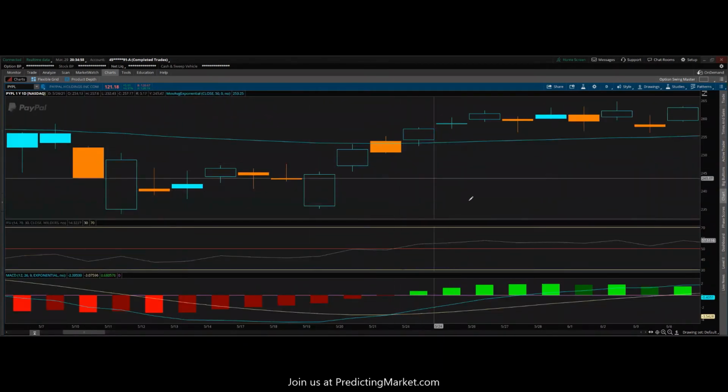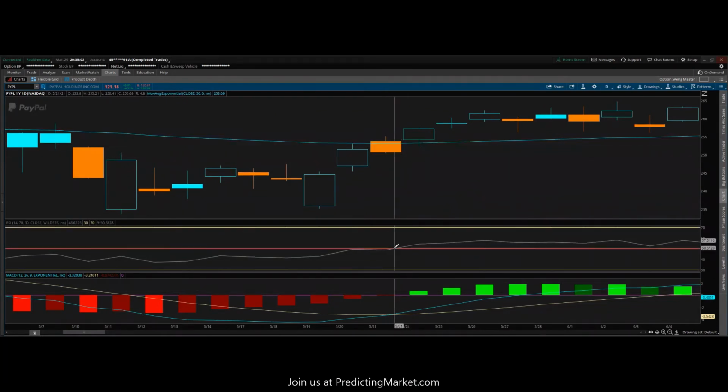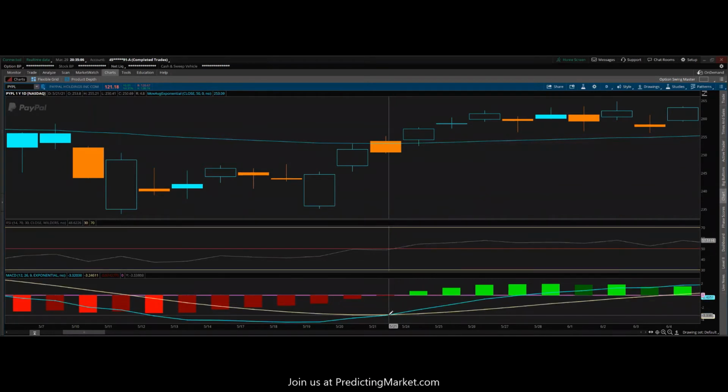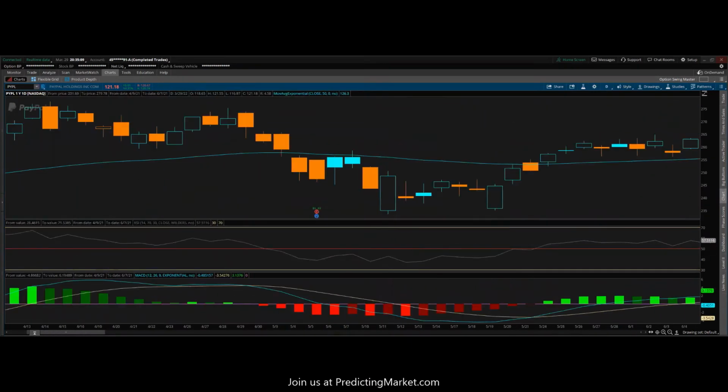So three checks. One, you check your 50 EMA, then you check the 50 line on the RSI, and the third one, MACD. If you have all this checked and you get a green indicator on the MACD histogram, it means that you have a bullish trend.